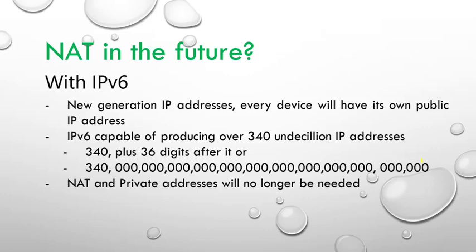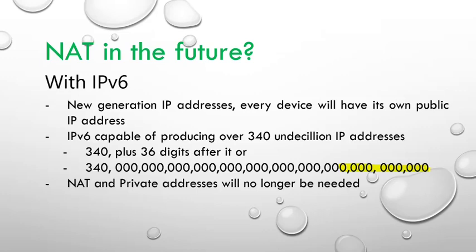So 1:1 na yan. Imagine IPv6 being capable of producing 340 undecillion IP addresses. That's 340 plus 36 digits after it. Yan yung nasa baba. So imagine how many. Yung existing natin, which is of course, andito lang siya, yung range na to. It's 4 billion plus.